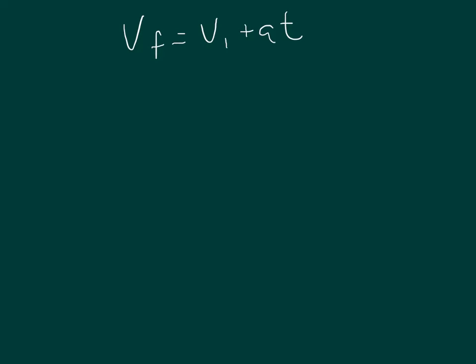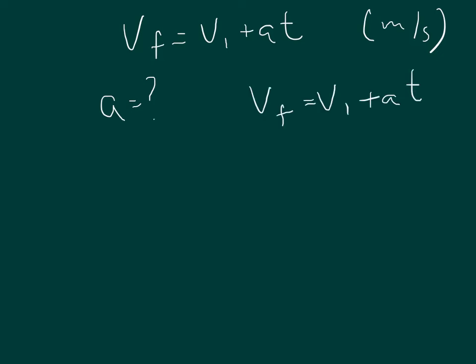So now let's rearrange this in terms of a. So let's see if you can do that. Again, pause the video and see if you can rearrange it, and then check with what I do. Okay, so the first thing I would do is subtract Vi from both sides. That's going to give you Vf minus Vi is equal to at.